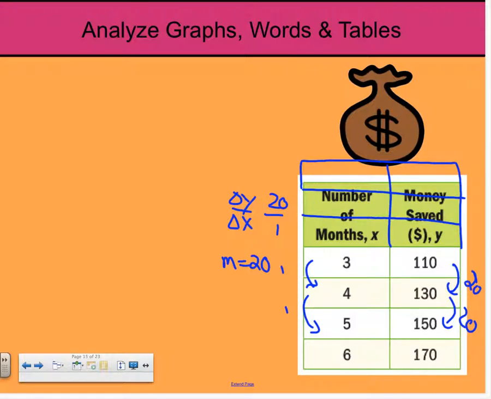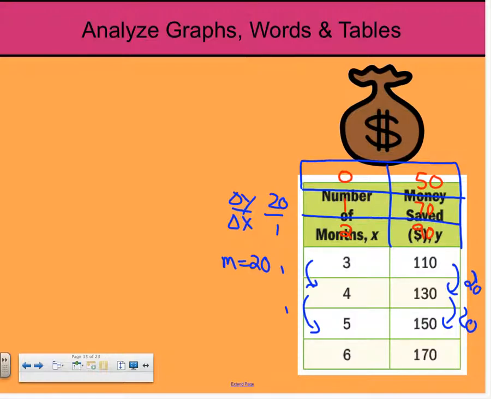If I go back 6, 5, 4, 3, this would be 2, 1, and 0. And then over here, if we're going backwards by 20, I've got 170, 150, 130, 110. This would be 90. And then this would be 70. And then this would be 50.